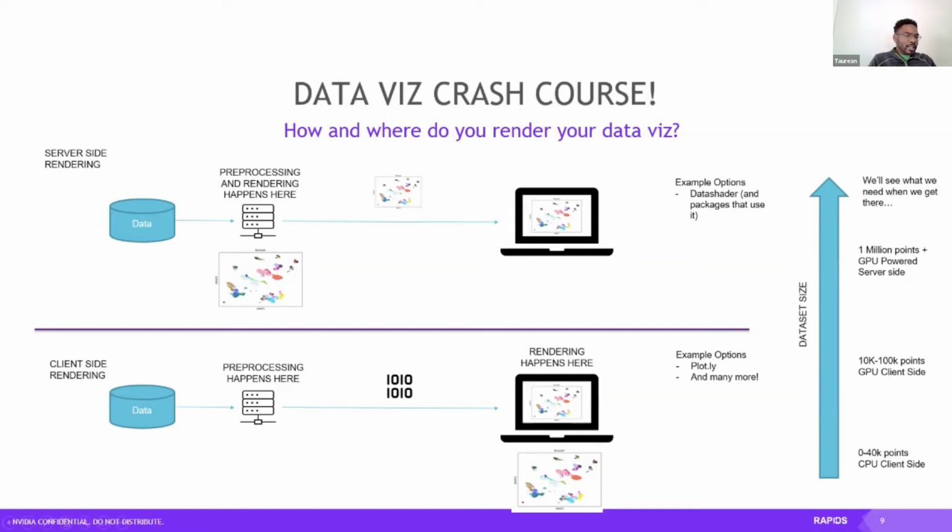So what a company called Datashader does, and this is an example, is that the data is brought to the server, and they do the rendering there, and then it sends out the image. It's the rendered data, and then you view it on the client.